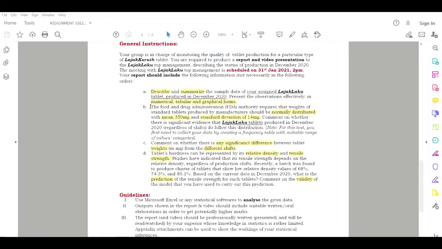For question B, the Food and Drug Administration Authority requires the weight of standard tablets produced by manufacturers should be normally distributed with mean 350 mg and standard deviation of 40 mg. So we are required to comment on whether there is significant evidence that the Lajak Kuruih tablets produced in December 2020 do follow this distribution.